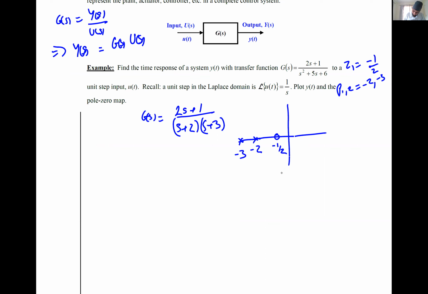So we can find out Y(s) is equal to G(s) times U(s), which is equal to (2s plus 1) over (s plus 2) into (s plus 3) times the Laplace transform of the unit step function, which is 1 divided by s.